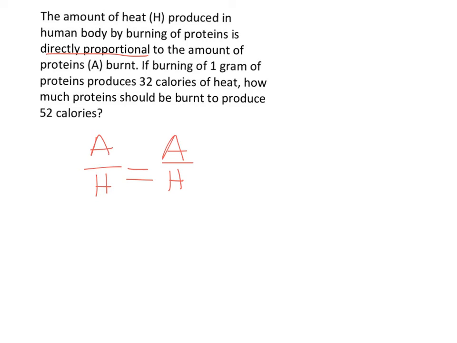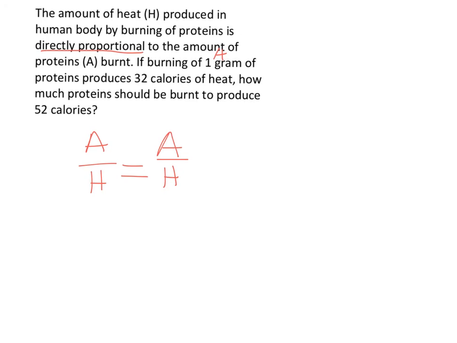Okay, so A represents the amount of proteins. So in our problem here, burning 1 gram of proteins, that's A, produces 32 calories of heat. So that's H. How many proteins, so how many A, should be burnt to produce 52 calories? So the first half of the proportion is going to be A over H, so 1 over 32 equals.